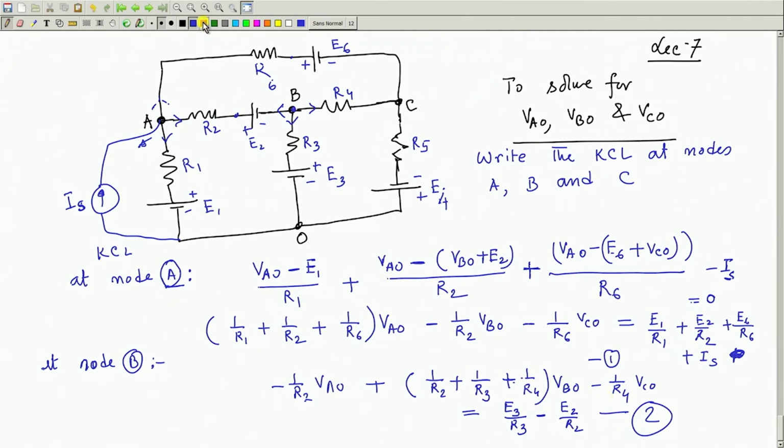And I will write also the equation at node C on the same page. It will be congested, but let me write it here with a different color. So, everything is there on the same page. At node C, what will it be? So, let me rub this off.